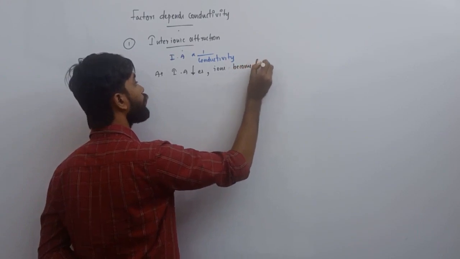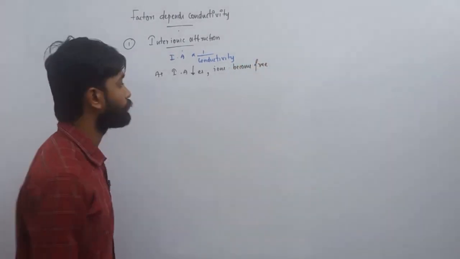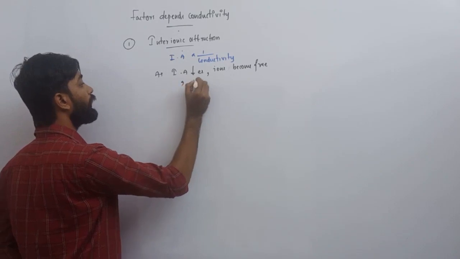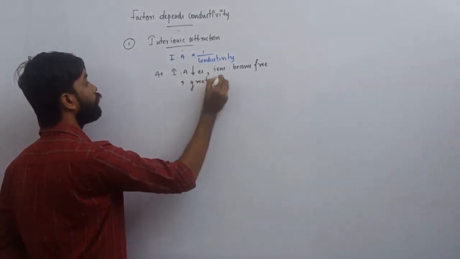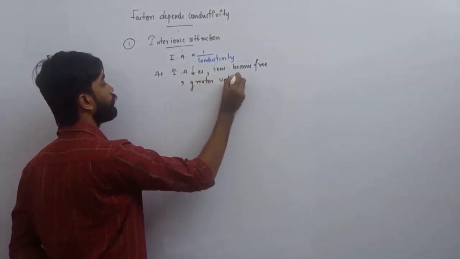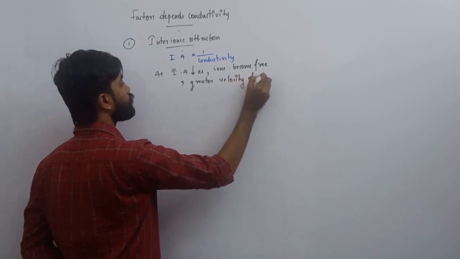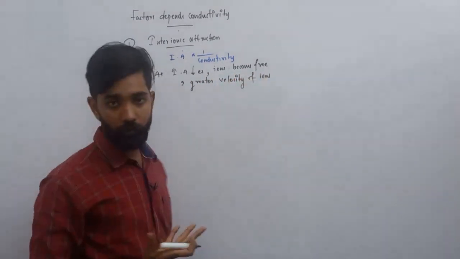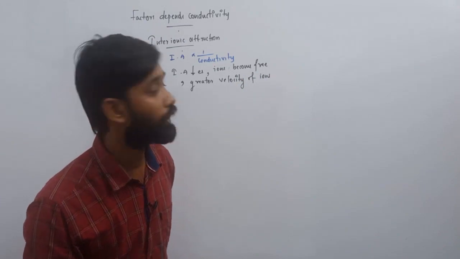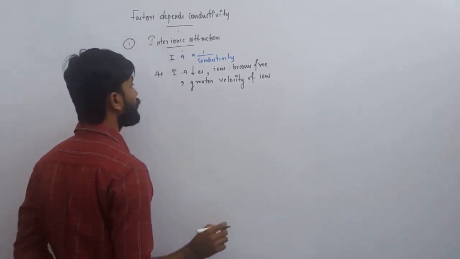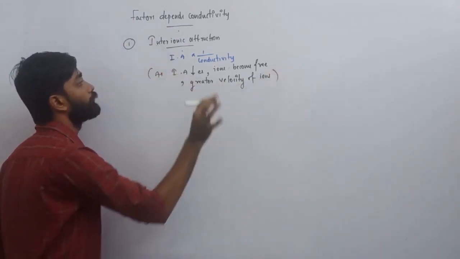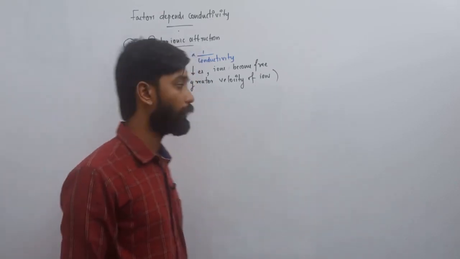Ions become free, so greater velocity of ions. So ions become more mobile, their velocity increases. That is the reason why conductivity increases.